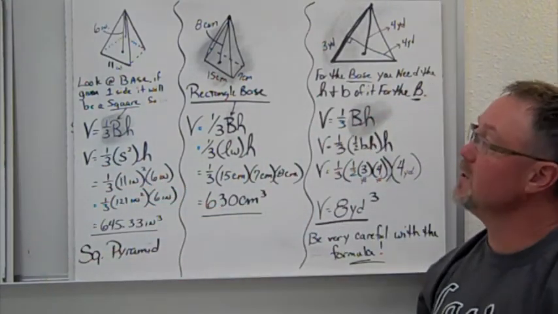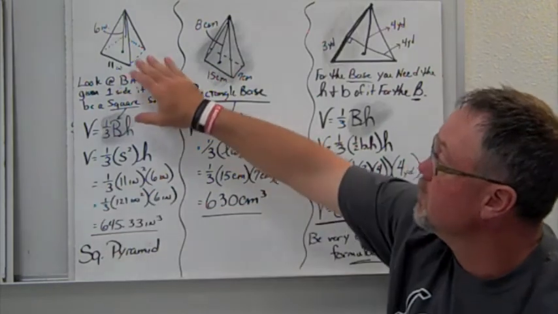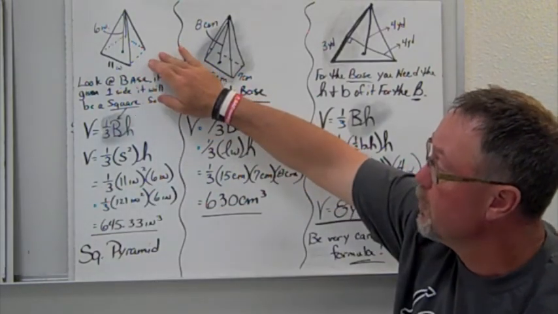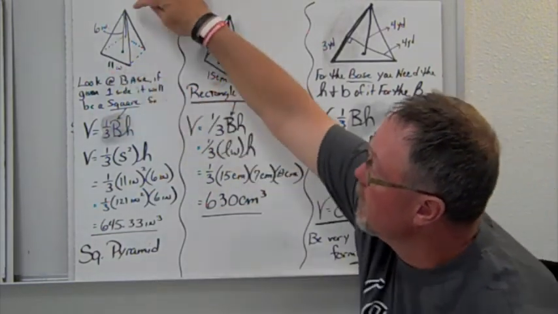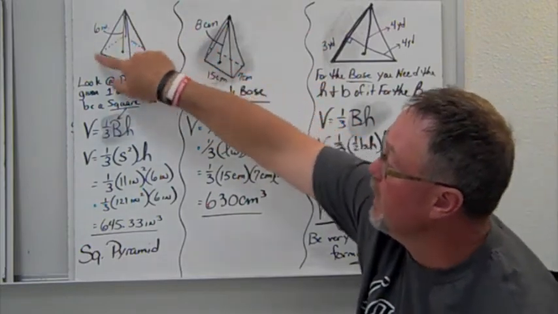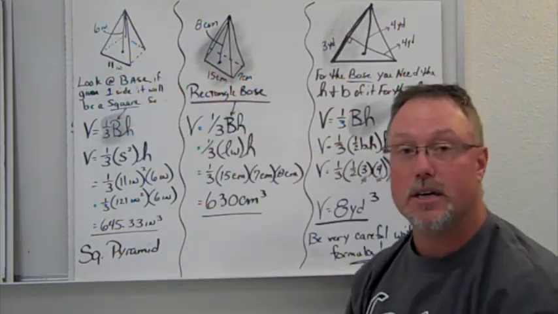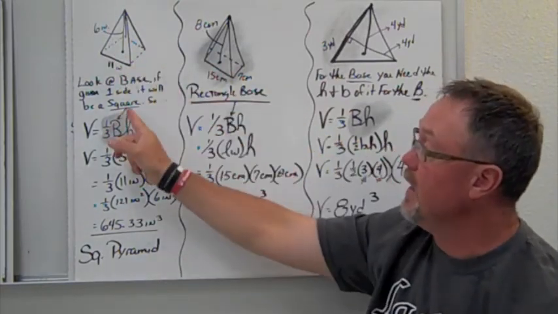A few more, and this is where it gets a little complicated, especially the drawings. So we have a square pyramid. A pyramid comes to a point at the top. So we have an 11-inch side, but we don't get any other numbers for the base. If they do this, that means that all the sides are equal. So this is a square base.